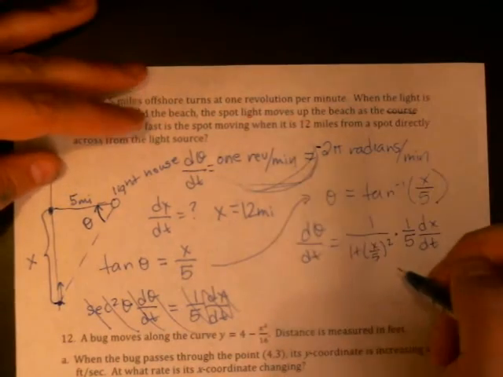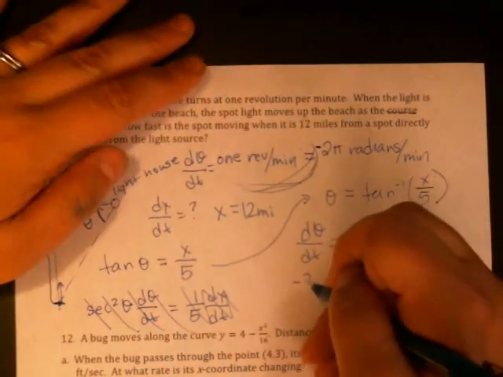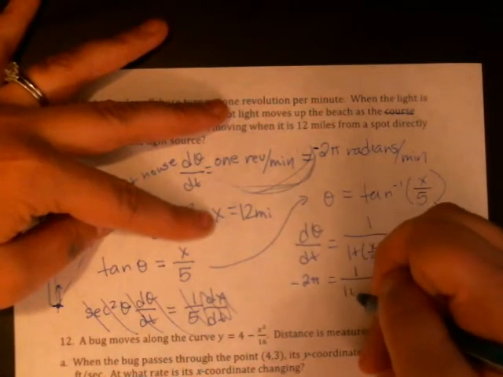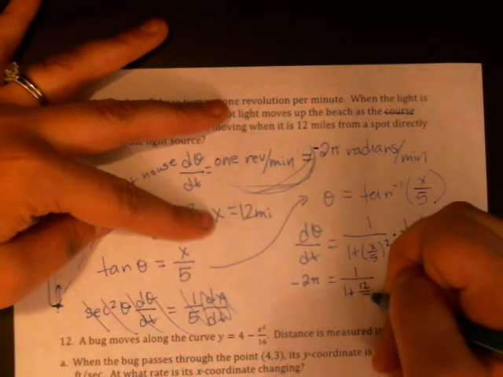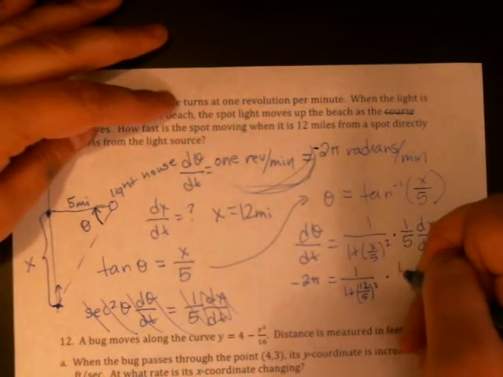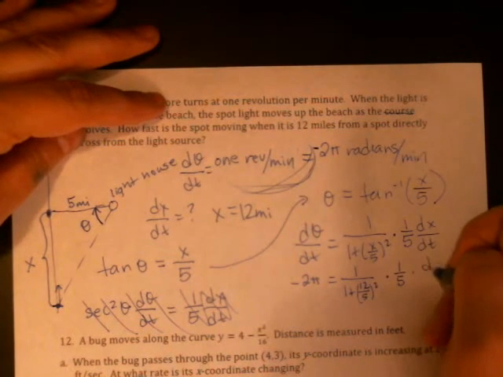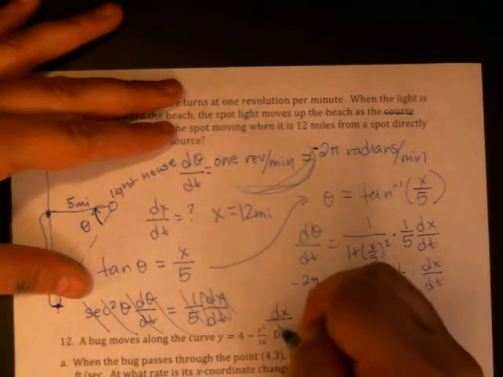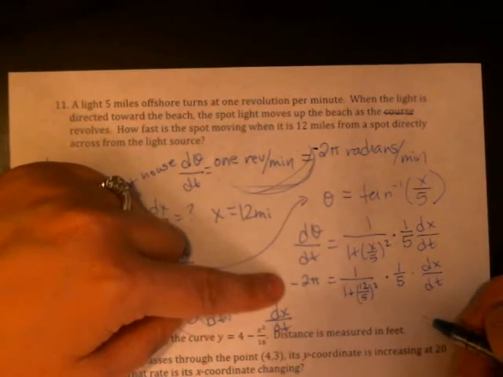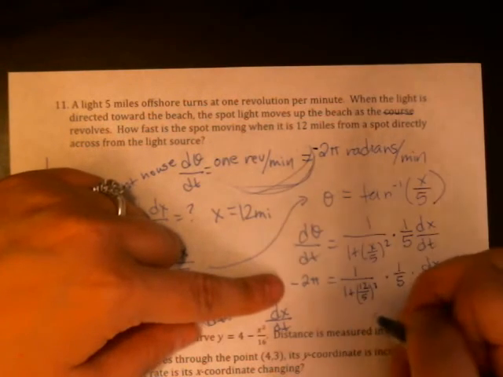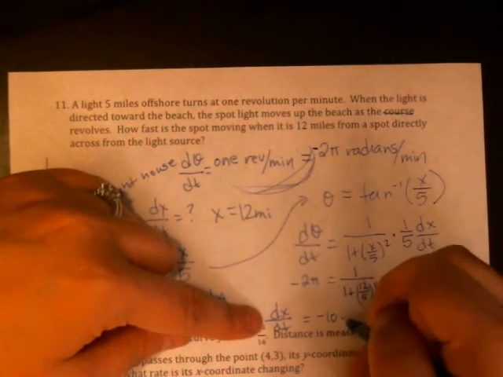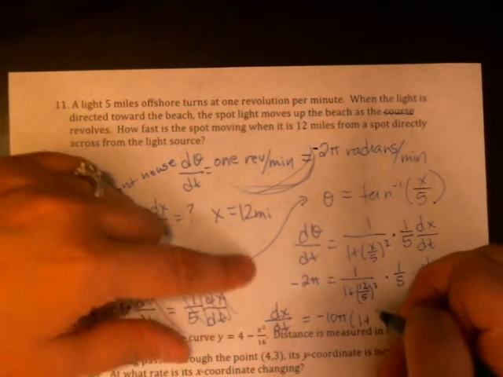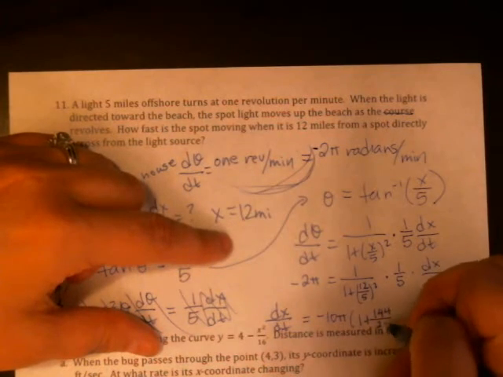So I have dθ/dt is negative 2 pi, x is 12, and then I have this extra 1/5. To solve for dx/dt, I take my negative 2 pi and multiply by 5, which gives me negative 10 pi, and multiply that by 1 plus (12 over 5) squared, which is 144 over 25.